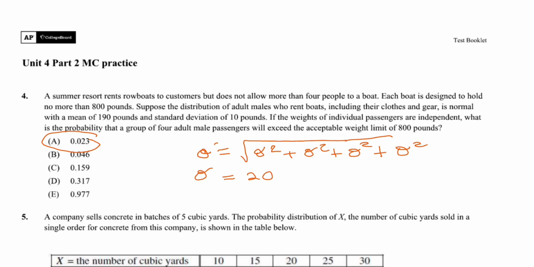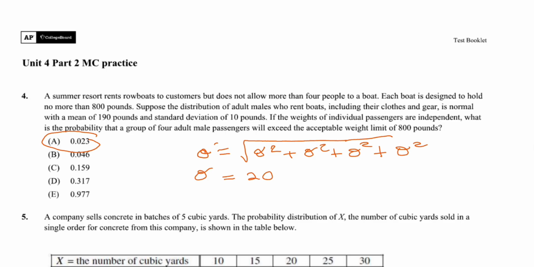We add variance first, then take the square root. So square root of 10 squared plus 10 squared plus 10 squared plus 10 squared. You can also shorten that as 4 times 10 squared. That is square root of 400, which equals 20. So total weight is mean 760, standard deviation 20.